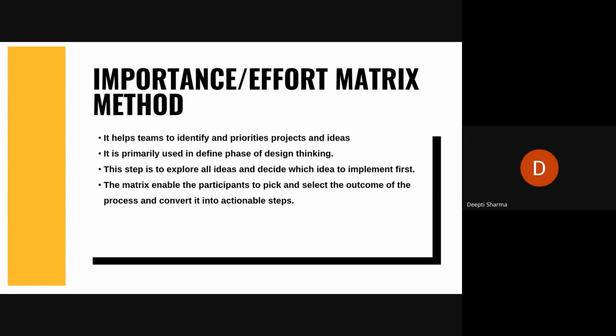The importance effort matrix helps the student also to understand the priorities of their tasks. It is primarily used in the define phase of design thinking. This step is to explore all ideas and decide what idea to implement first. The matrix enables the participant to pick and select the outcome of the process and convert it into actionable steps.